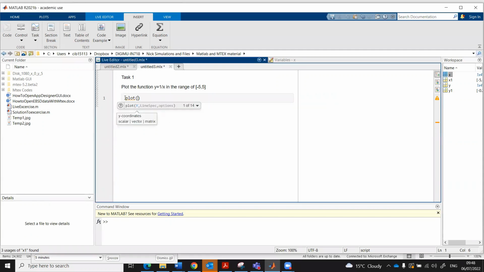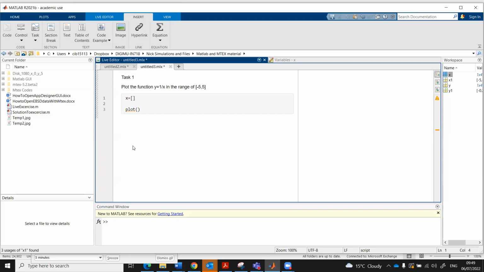So before we start plotting, we need to create two things. First of all, we need to create the array for x values. The first and easiest way to create it is simply to list all the values.